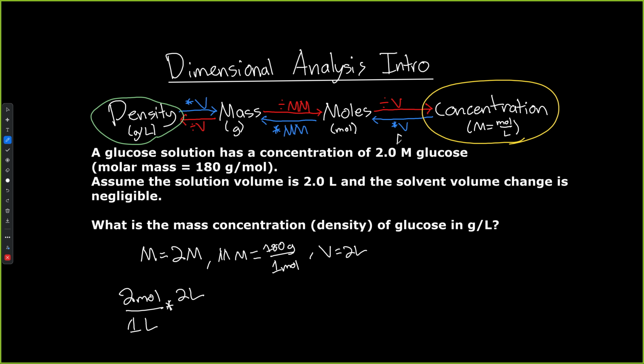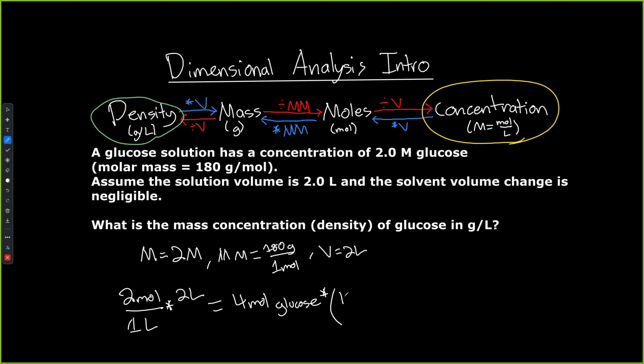Notice that I've literally told you just multiply by the volume right there. So this is going to give you 4 moles of, what is this? Glucose. That's the molecule that we're looking at. 4 moles of glucose, and then from here, all we need to do to convert this to mass is multiply it by the molar mass. And molar mass is grams per mole, and we're trying to cancel out moles this time, right?